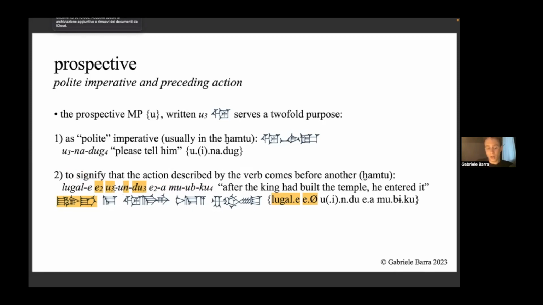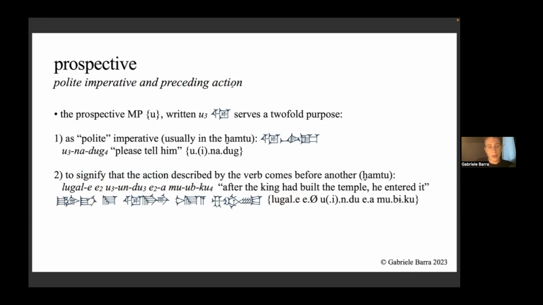So altogether: after the king built the temple, in the temple, mu-ubku, he entered. So mu, then we have the directive, and then the ku, to enter. So yeah, this is the main purpose, again, of the prospective polite imperative or preceding action.